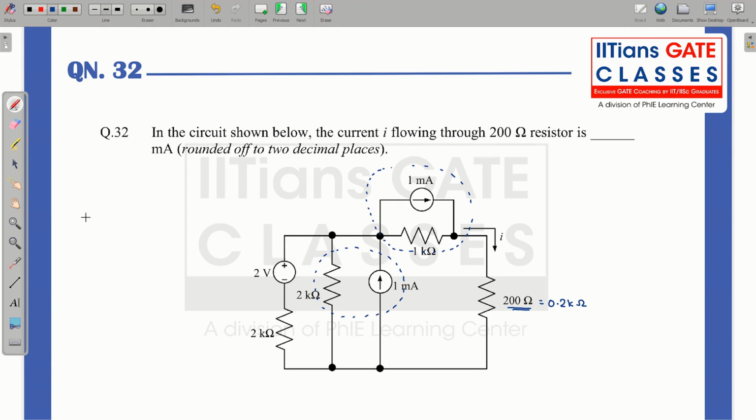If I do that and redraw the diagram, so this is 2 kilo ohm, this is your 2 volt.